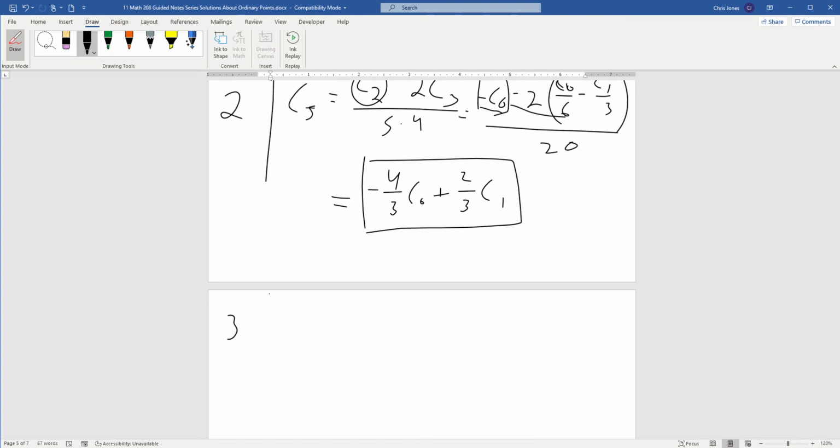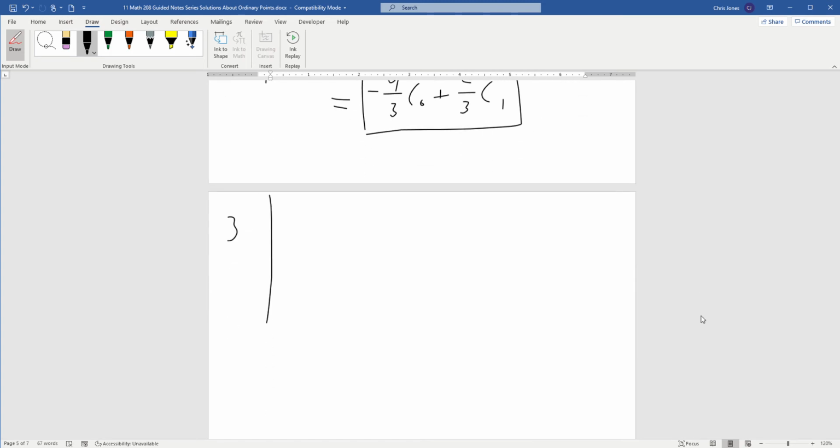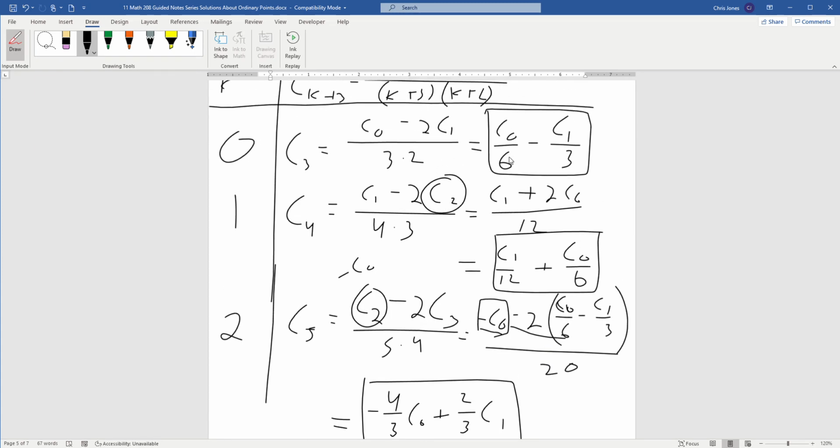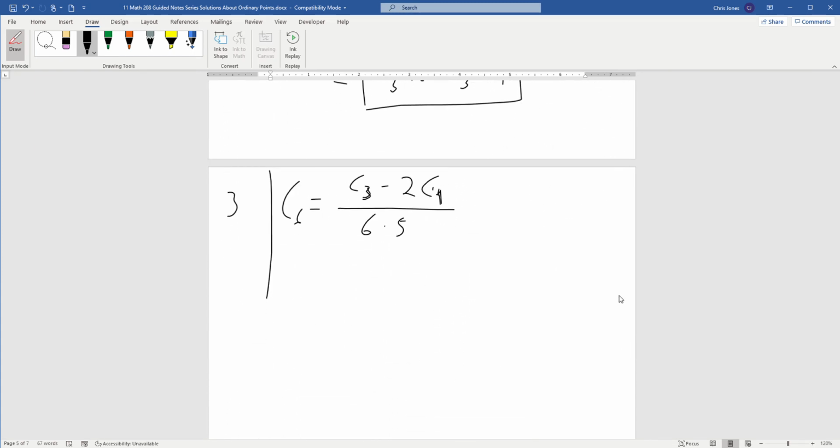So the third term is going to be C6, which is C sub 3 minus 2 C sub 4 divided by 6 times 5. We go back and recall that C3 is C naught over 6 minus C1 over 3.